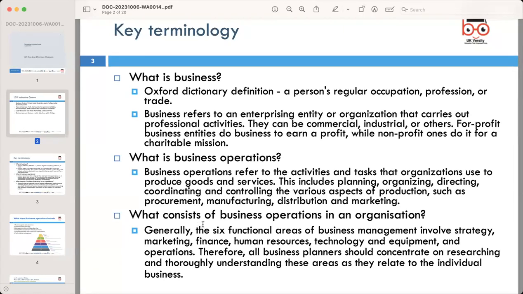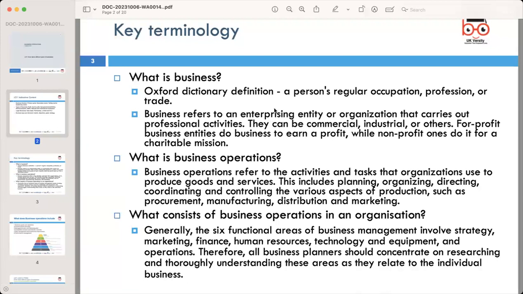Next one is, what does business operation in an organization consist of? Generally, business operation in an organization involves six functional areas: strategy, marketing, finance, human resources, technology, and equipment operations.